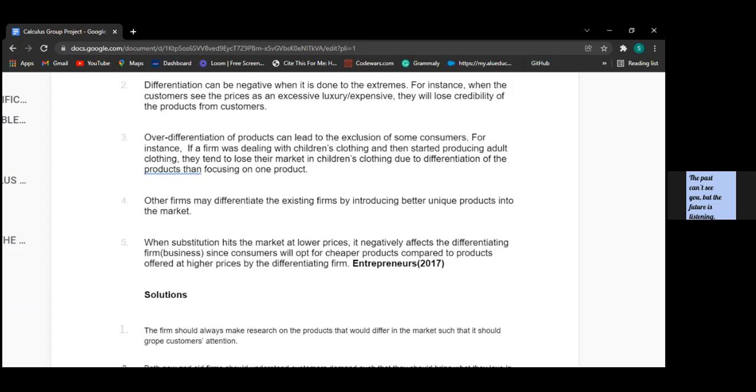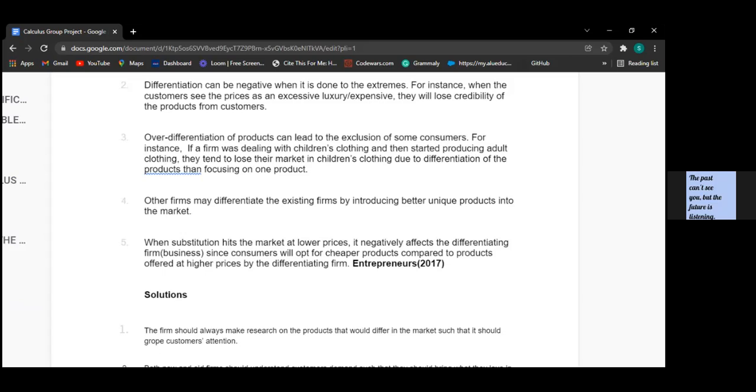Then the substitution in prices in the market also reduces the quality of prices in the market, since consumers will go to goods which are sold at lower prices, so that they optimize their profit.